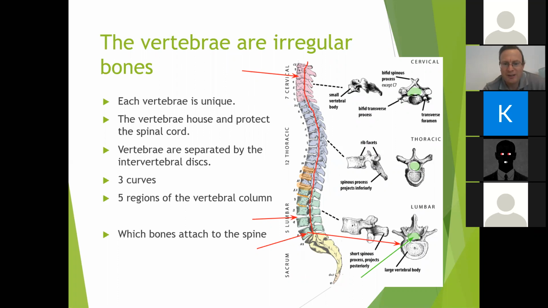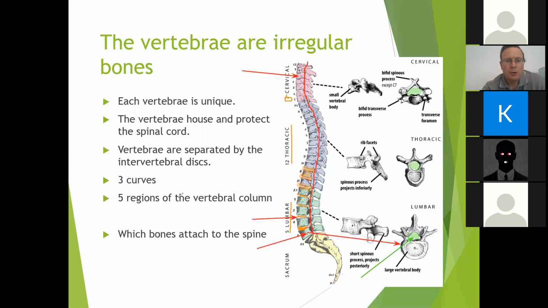So the vertebral discs sit between each vertebra, and as I color in the lumbar ones, you can see I need a little bit more pen, so they're much bigger down the bottom. There are different regions of the vertebral column. We've got our cervical at the top here, we have our thoracic region there, and we have our lumbar region there.